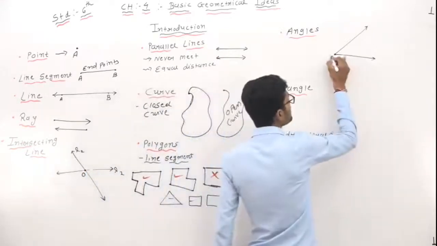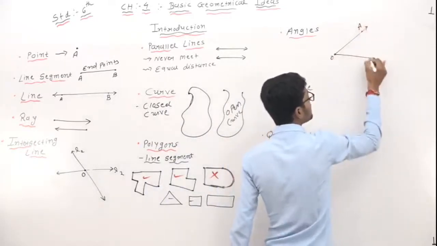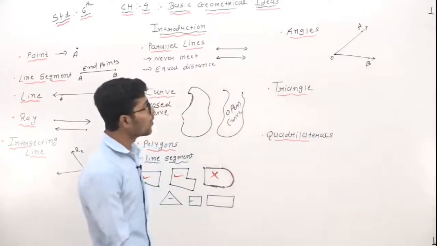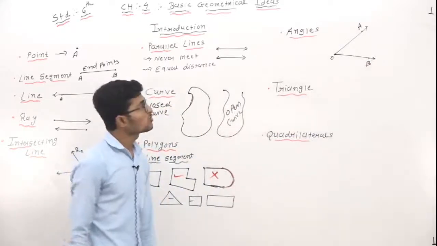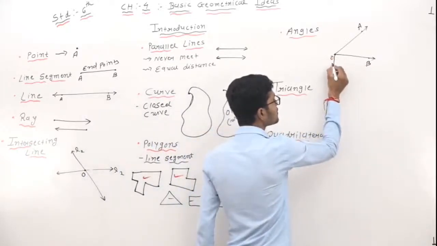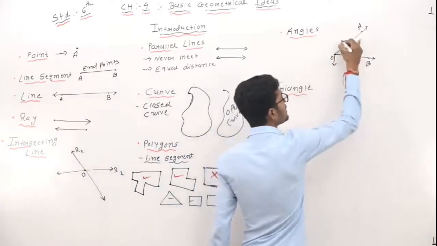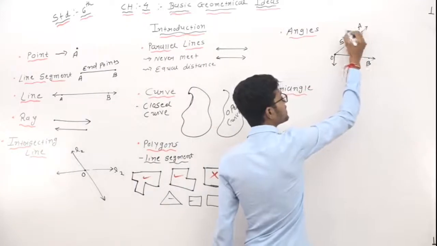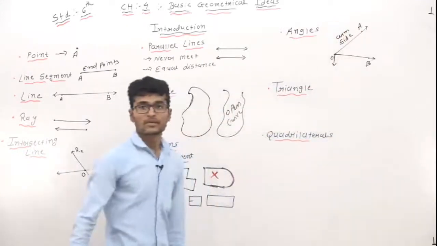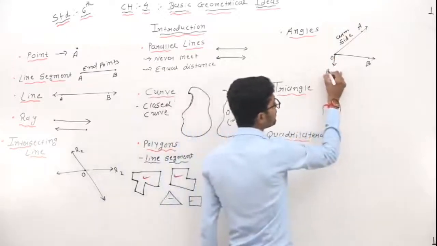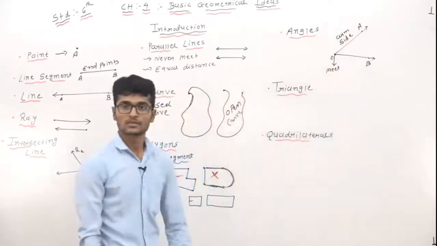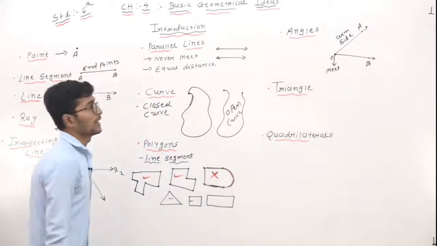Here suppose the names are O, A, and this one is B. A, O, and B. So it's called an angle. Now these are called the sides or arms, right? And here the two meet each other.